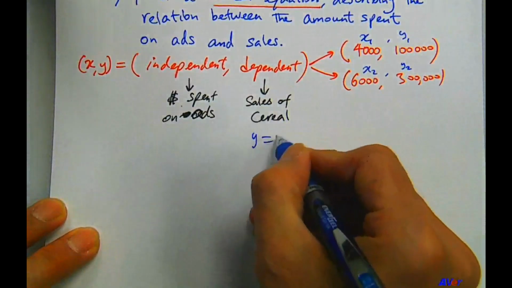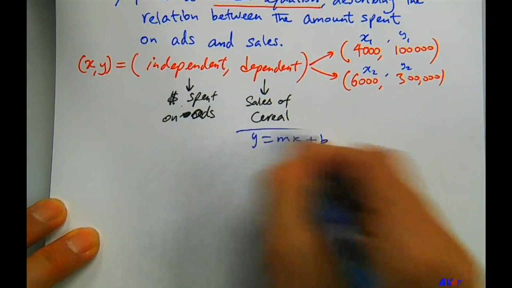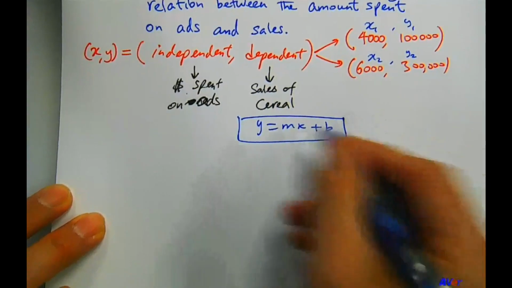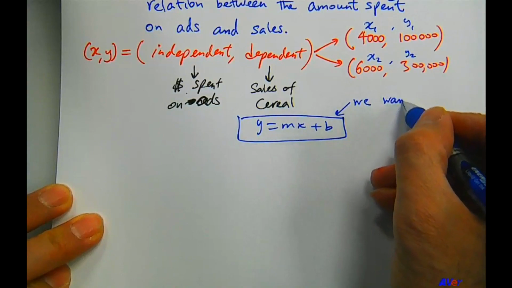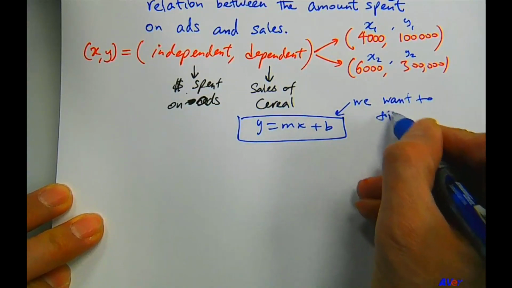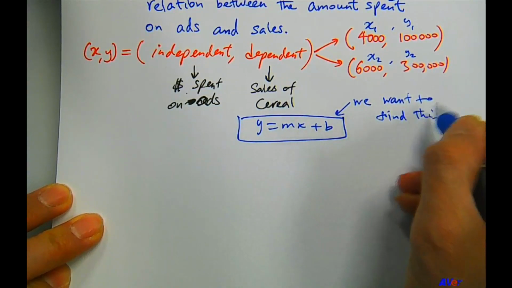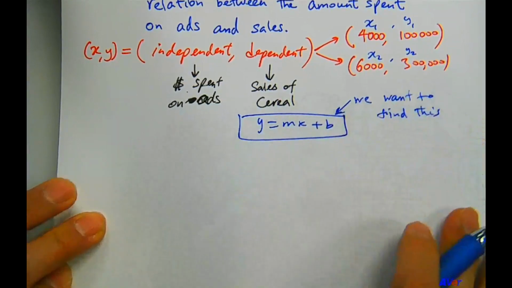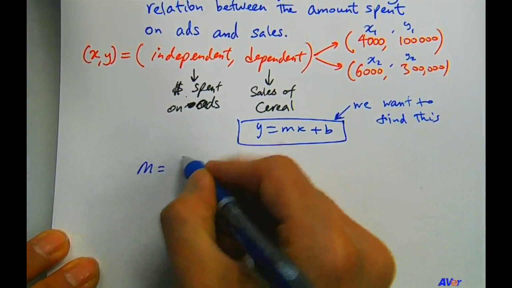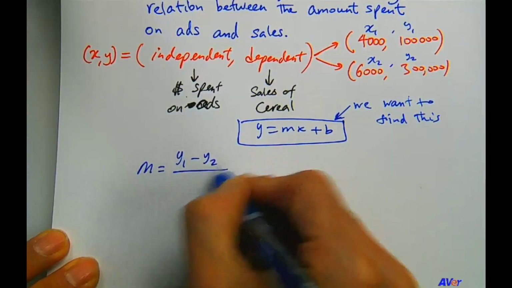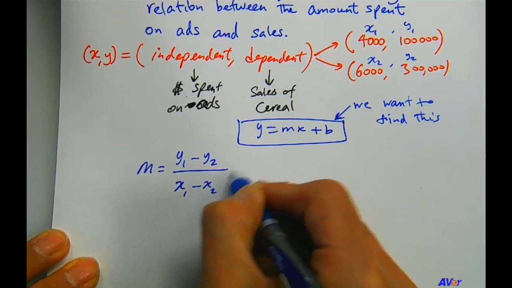Basically, we're trying to find this equation, right? That's what we want to find. Okay, so to find the slope, we can do y1 minus y2 over x1 minus x2, right?